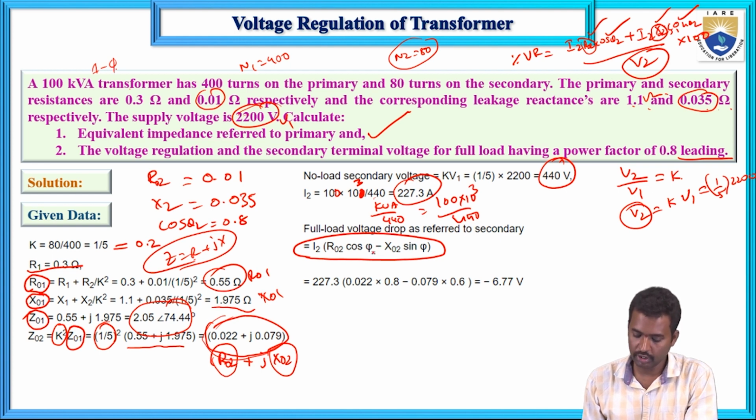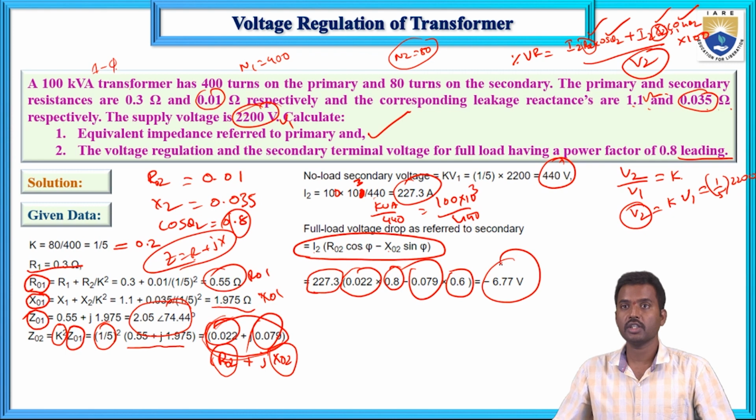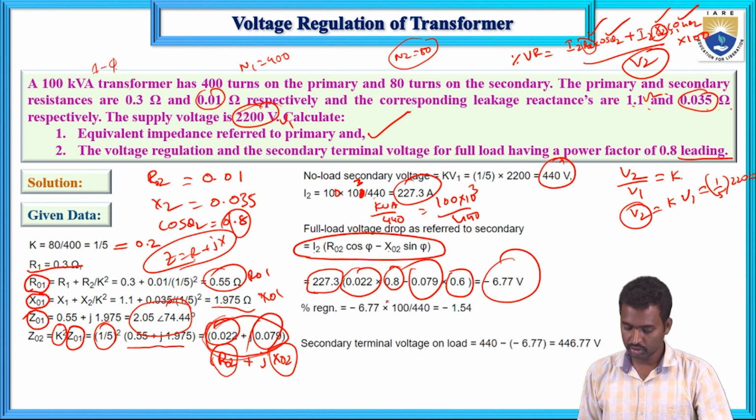Now here we have the regulation formula. Voltage drop equals I2 R02 cos phi minus I2 X02 sin phi, that equals this I2 and R02, this one, and this is cos phi, and sin phi is 0.6, and this is X02. So this is the resistive voltage drop from no load to full load. And next percentage regulation equals this drop divided by 440 into 100 equals minus 1.54.